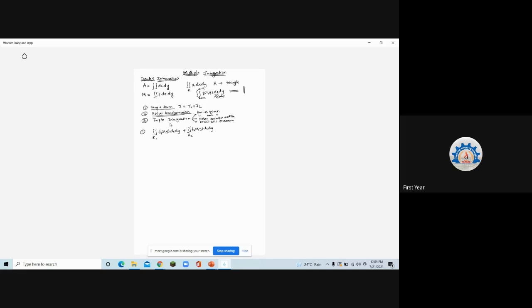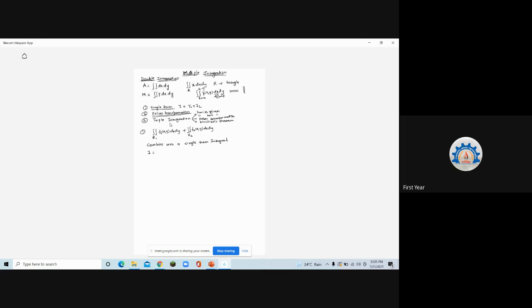The question is: convert into single term integral, or combine into a single term integral.